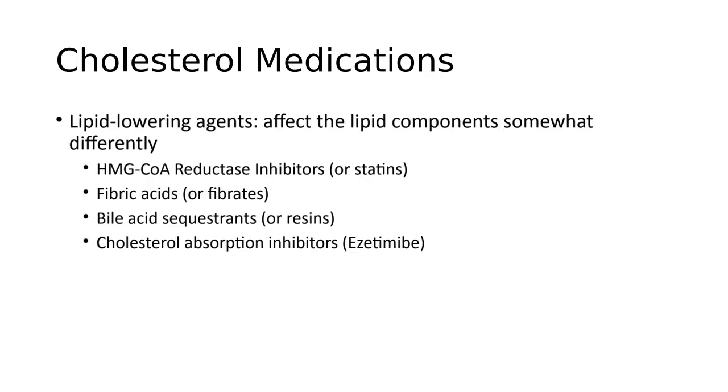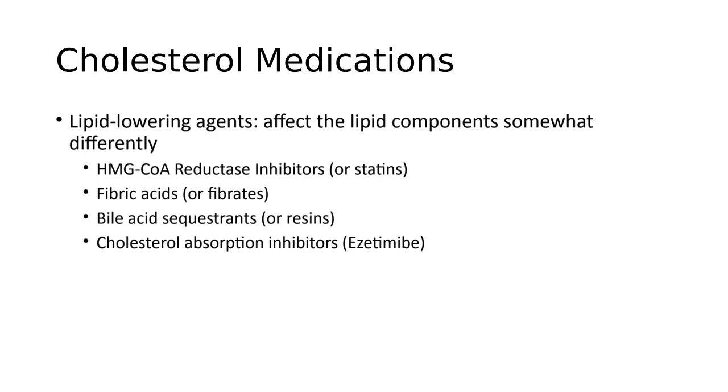We'll touch a little bit on this, but your pharm lecture will cover it in depth. So what I want you guys to know is your statins. This is like your atorvastatin, your simvastatin. We need to monitor these patients for muscle cramps and weakness. Do you know why?